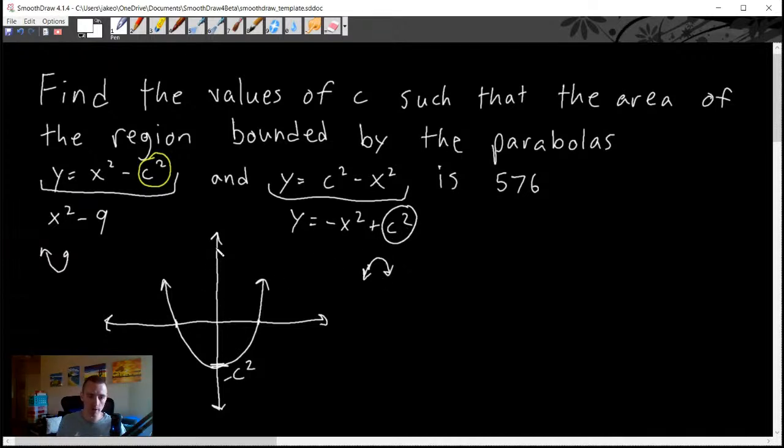Now we have a parabola shifted up c squared units that comes down like this. Since we shifted it up c squared units, this vertex here is at positive c squared. So this is what these two functions are going to look like.